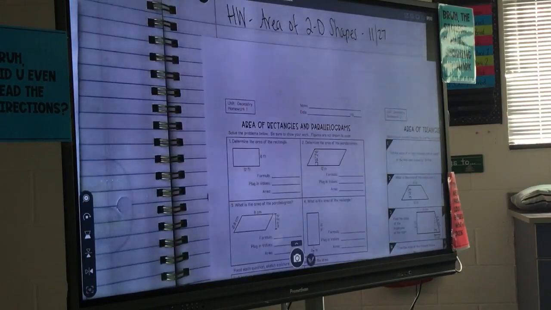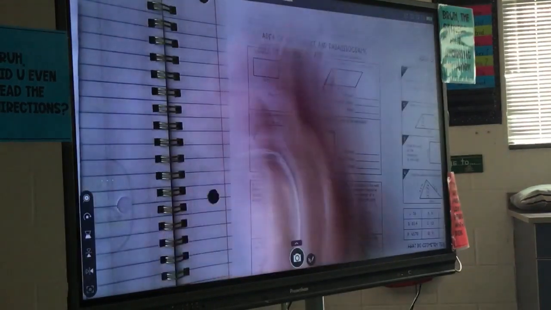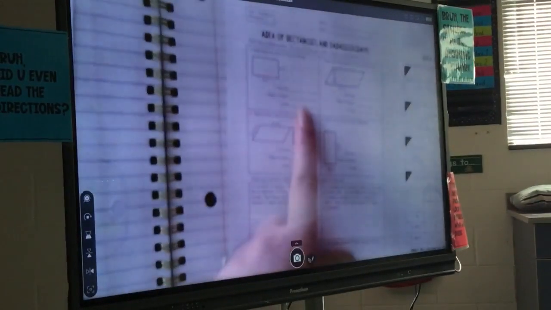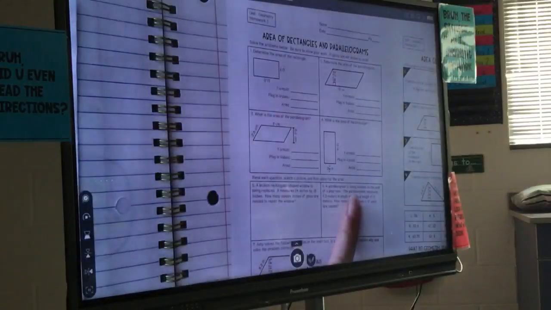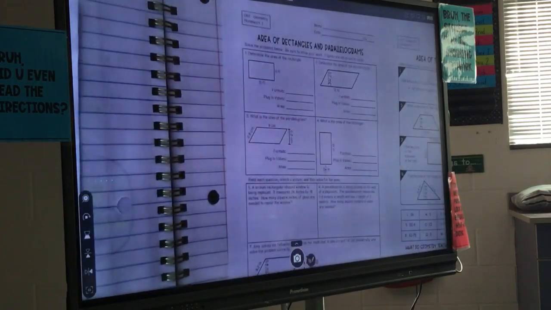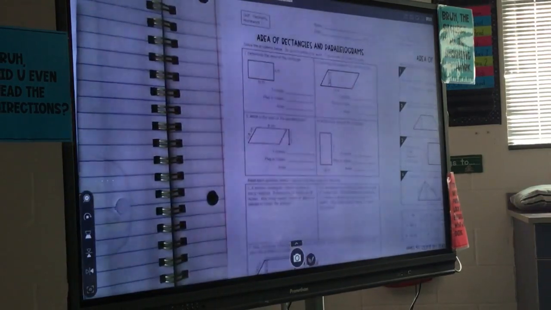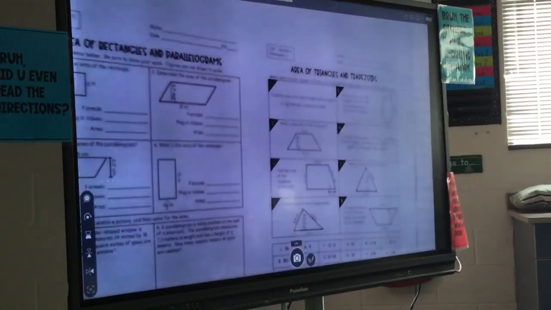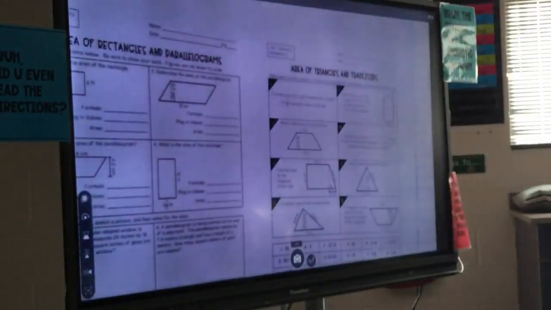All right, you are going to notice that the left side of your homework is going to be rectangles, squares and parallelograms. You can do all of your work on the left side of your paper. It gives you information, gives you lines, everything. Okay? You have 2 word problems. Again, you have enough room that you should be able to do your work and I should be able to read it. The area of triangles and trapezoids is not going to be the same. You are going to have to do your work in your notebook for this side.